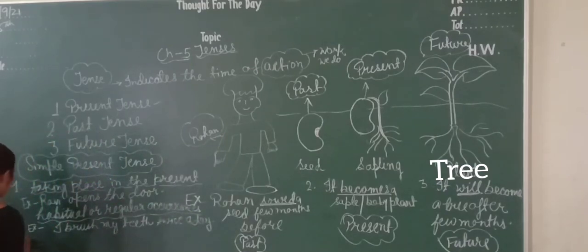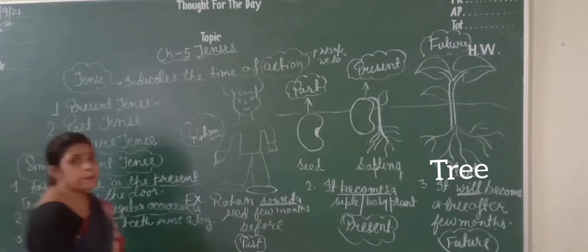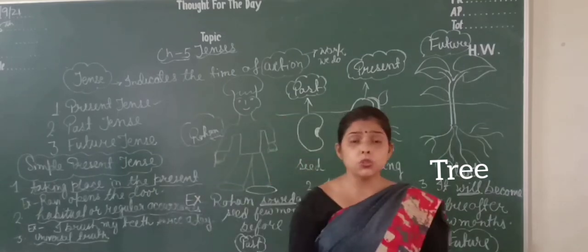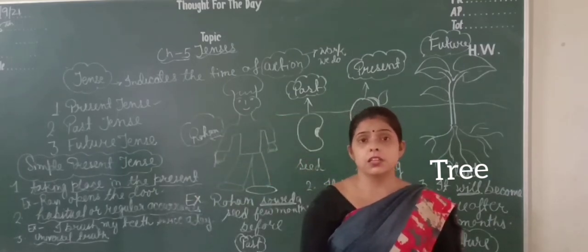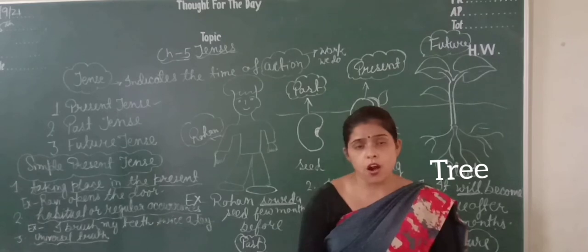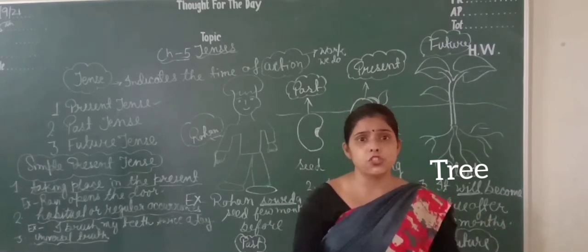Now, third one is any universal truth. Any universal truth is also simple present tense. Universal truth means which we cannot change, which is natural.